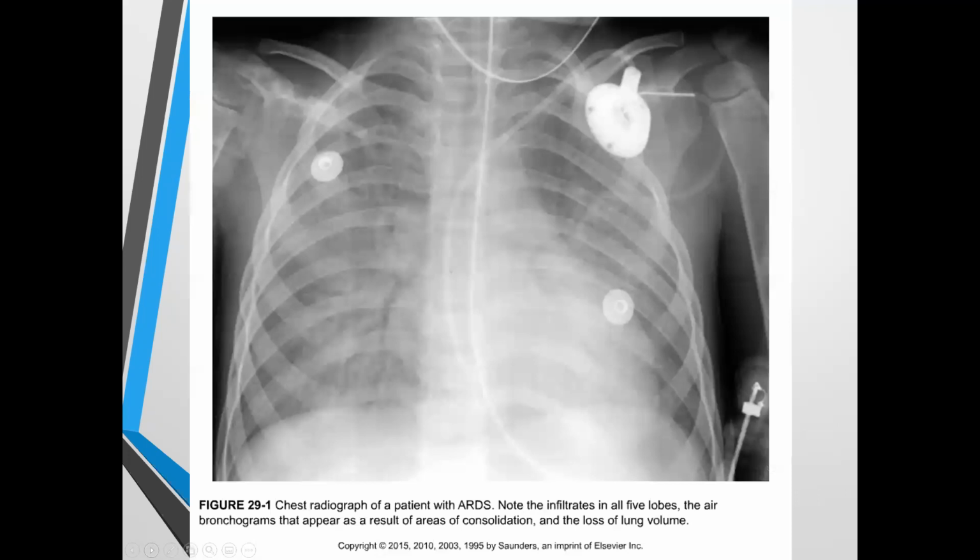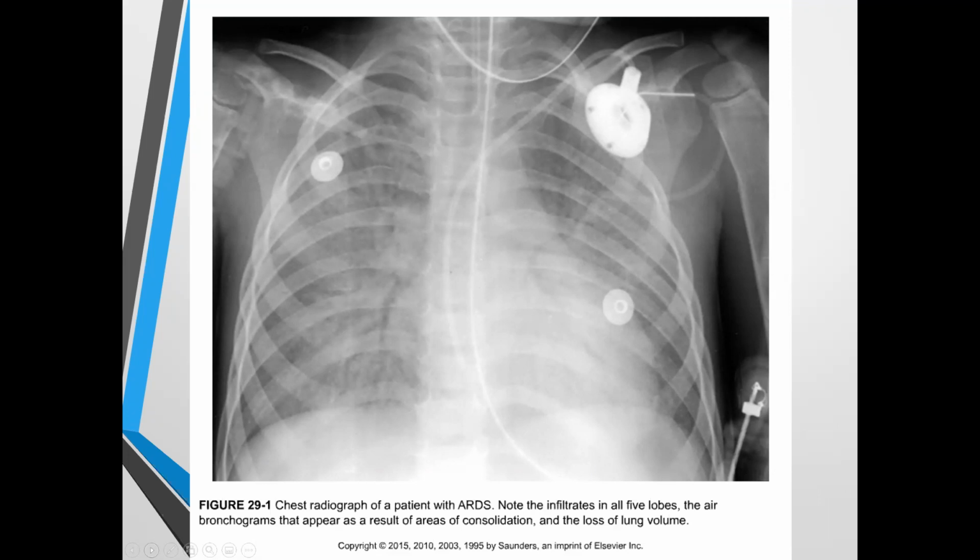This is a chest radiograph looking at a patient with ARDS, and this would be more of an older pediatric patient. Infiltrates in all five lobes. Air bronchograms are basically where, on each end of the secondary or tertiary bronchus, they're actually constricted and air gets trapped.